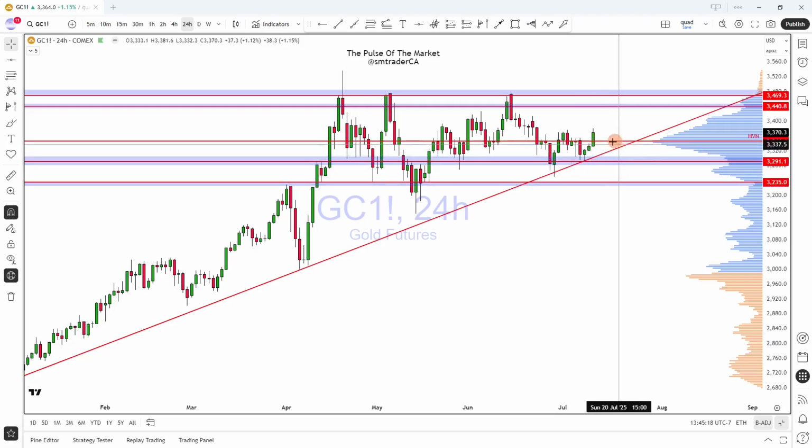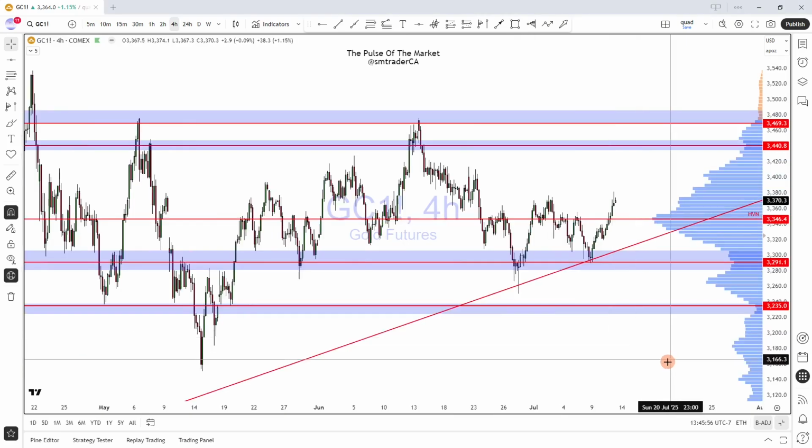And right now I'm basically looking for the price to come up to this 34.40 and see if it would break this and possibly come up to this 34.69 area and basically get back to this previous high here. And if we take a closer look at the 4-hour time frame, what I'm basically watching is, as long as it holds above this high volume node, then I'm looking for this thing to auction up to this taper, up here into this low volume zone.